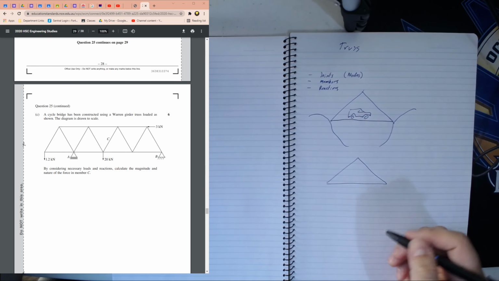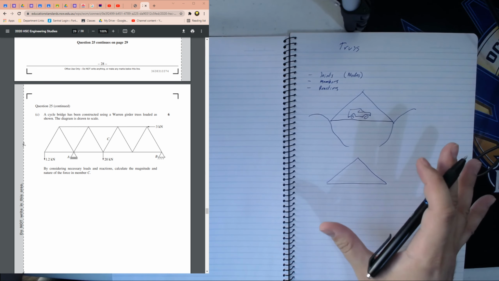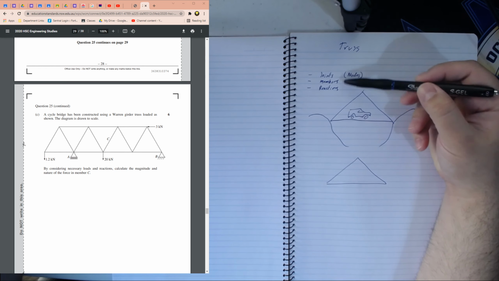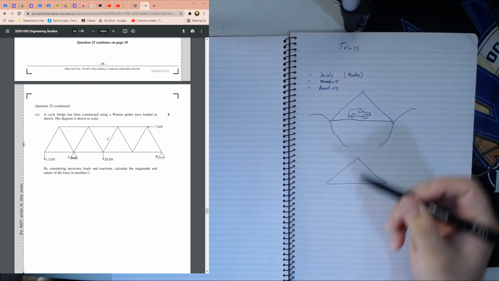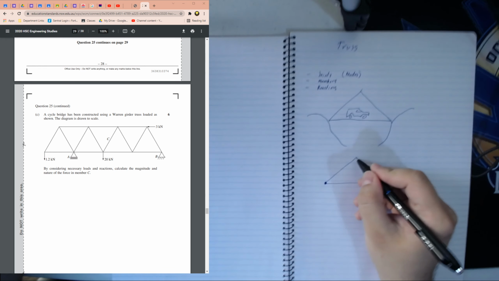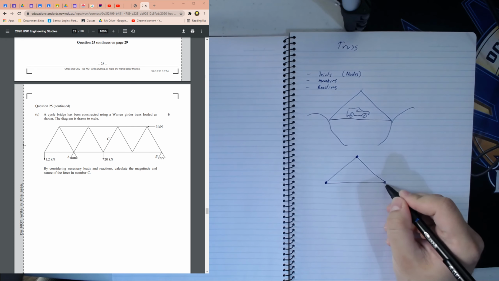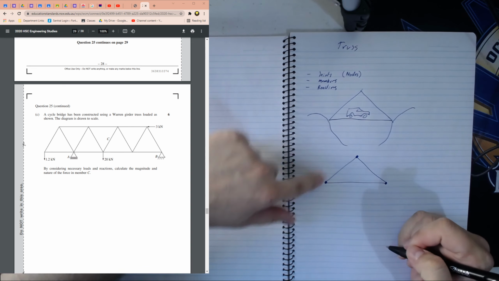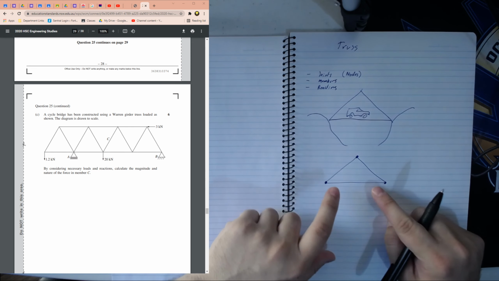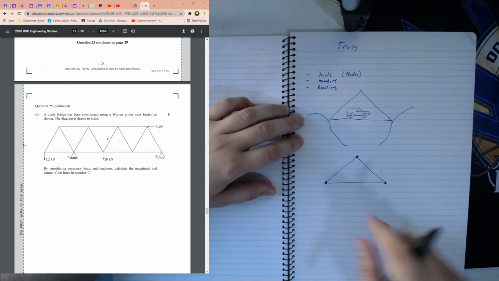We can look at the structure to determine how we can break it down into these three elements. Firstly, we have the joint or the node, so that is anywhere where we have two pieces connecting together. So if we look over here, we have this location, this location, and this location. This is where two members are connecting together.